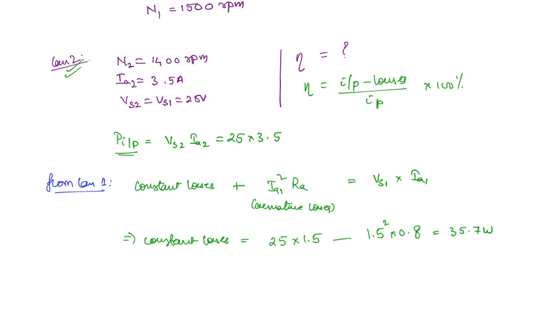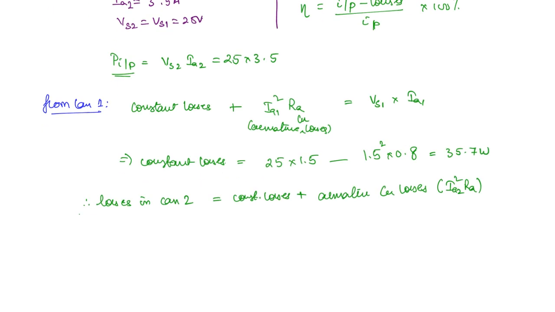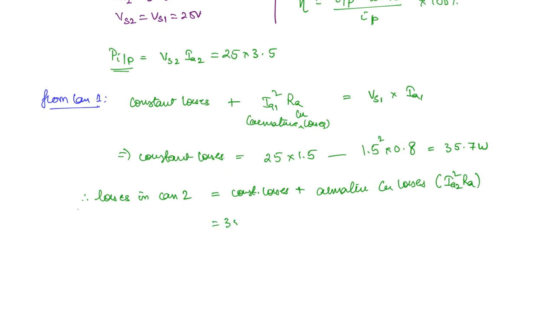Okay. Now we can find out losses in case 2. This is going to be equal to the constant losses plus armature copper losses. This is armature copper loss, remember. So this is what? Ia2 square into Ra. Okay. So we know the constant losses 35.7 plus Ia2 square Ra is 3.5 square into 0.8.